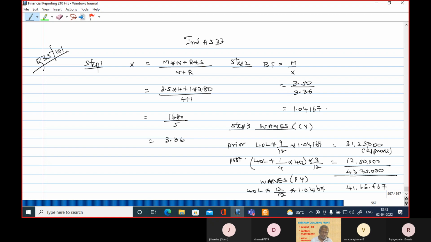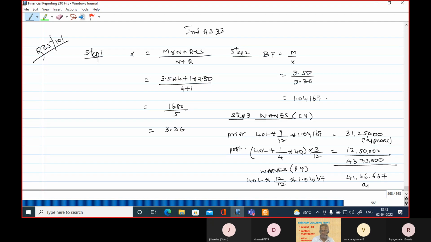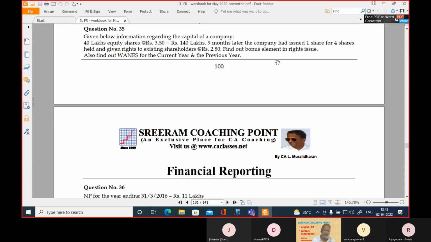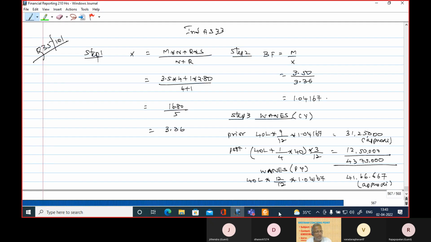Kindly make a note. So the question is all about the bonus element and the weighted average number of equity shares for the current year and the previous year. Kindly make a note.